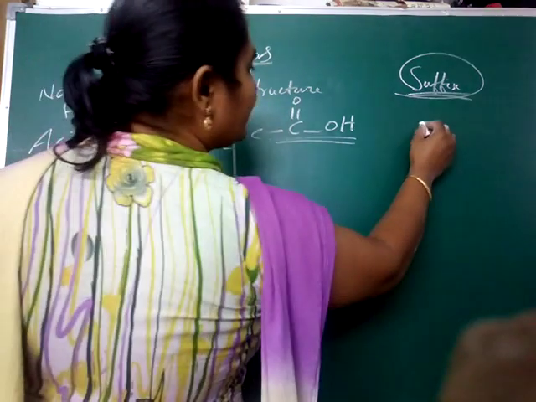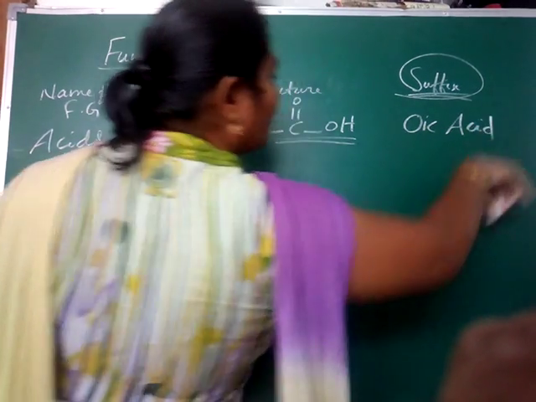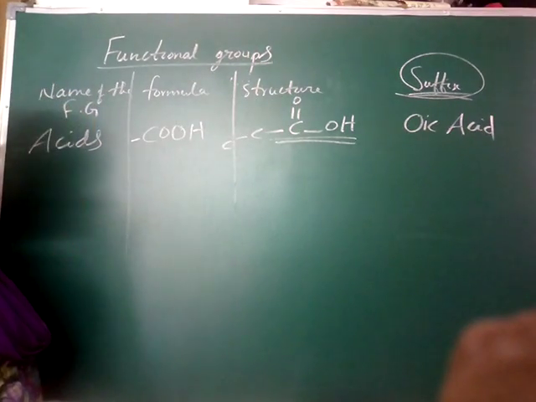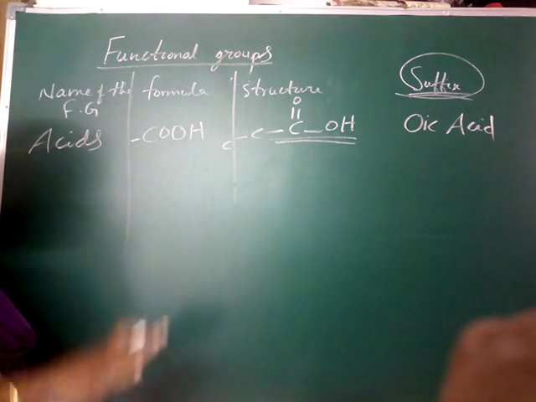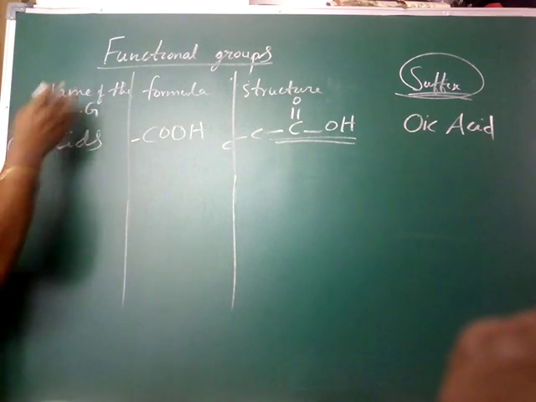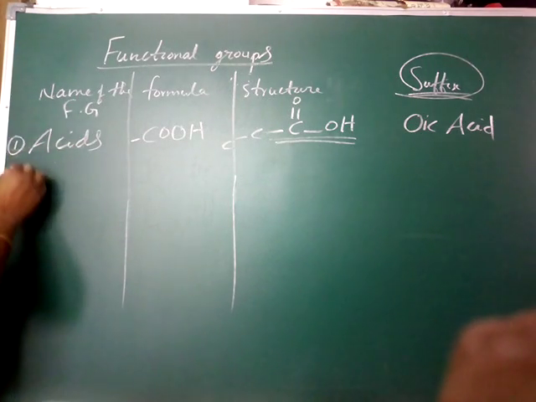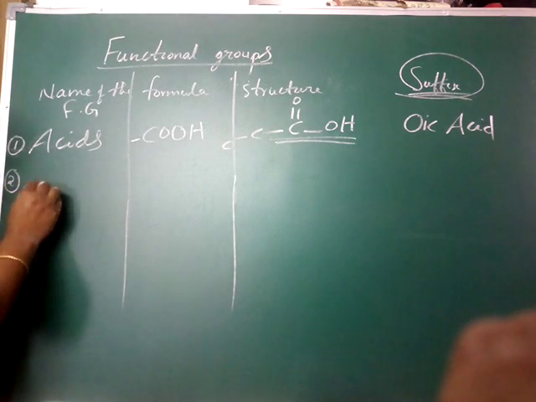The suffix is oic acid. You have to write oic acid at the end of the name if there is COOH on any carbon. We will explain it later. First you have to learn this functional group. Then you take the second one, aldehydes.